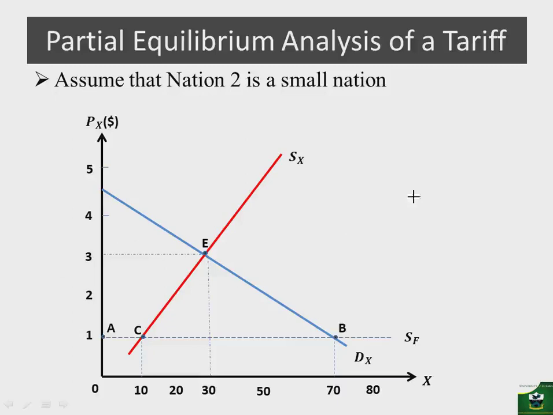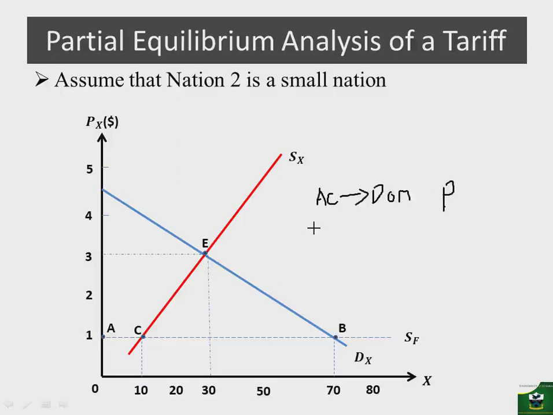Put shortly, A to C, or let's just simply call it SC, is domestic production.